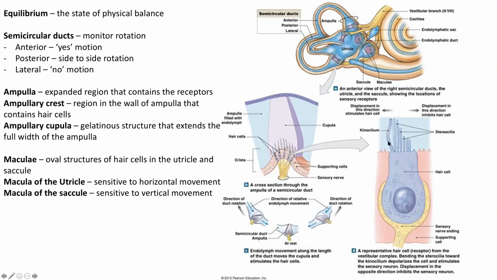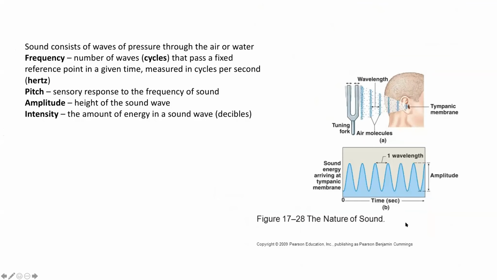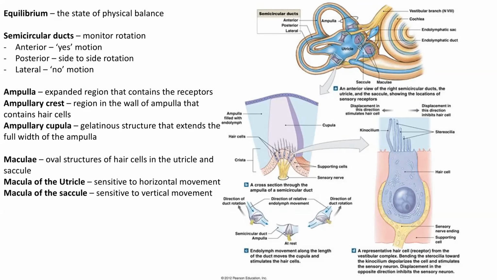This thicker one here is the kinocilium. When it moves these stereocilia towards the kinocilium, we stimulate the hair cell, so we activate that. And then when we move away, in this direction, away from the kinocilium, we inhibit the hair cell, so it doesn't activate the sensory nerve. So this can stimulate one way or the other, and so it allows us to tell which way our head is rotating.